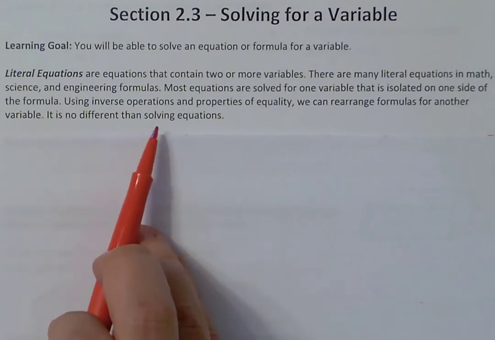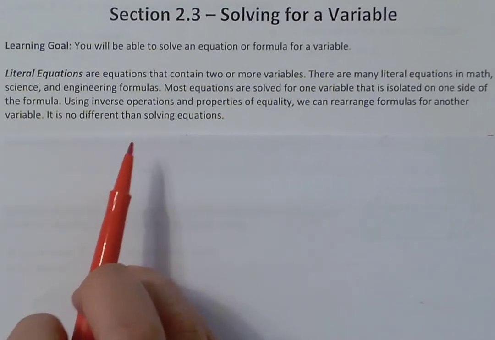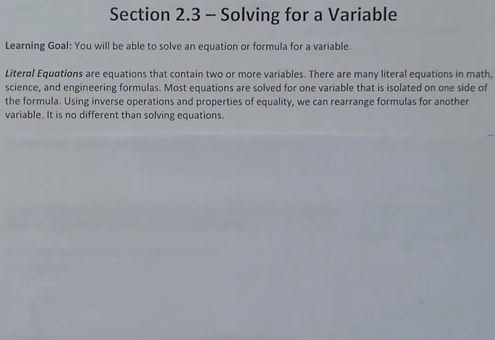It's no different than solving equations. That's something I want you to know. This is going to look different, it may feel a bit different, but everything you have done before for solving equations is the same as this. It's just you don't simplify after you add, subtract, multiply, or divide. It just stays that way.